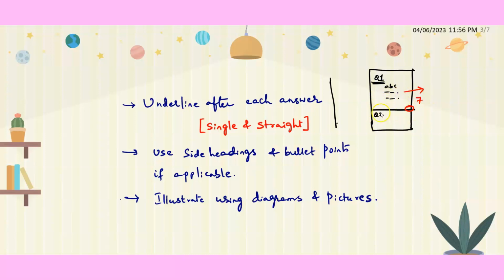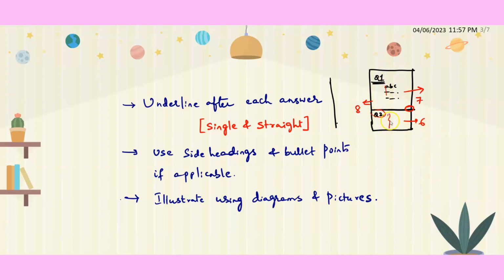But suppose that line is not there and question 2 is not visible properly, generally what I feel is this: even though you have written a second answer, I may feel that it's a continuation of the first answer, or it's the first answer only. So instead of giving 7 marks here and 6 marks to the second question, if I see them as a single question, I may just award together 8 marks or something like that.